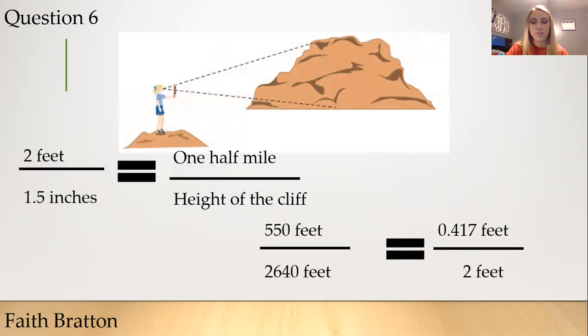We're going to substitute these values into this equation with the half mile term and the inch term. Okay, and we're going to find the height of the cliff by multiplying 0.125 feet times 2,640 feet divided by 2 feet. So then we'll know that the height is 550 feet.